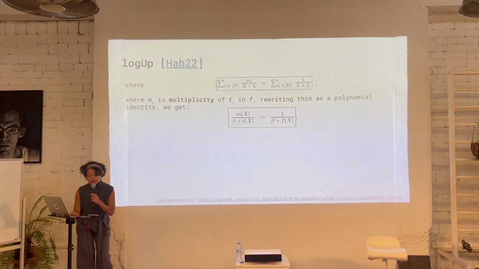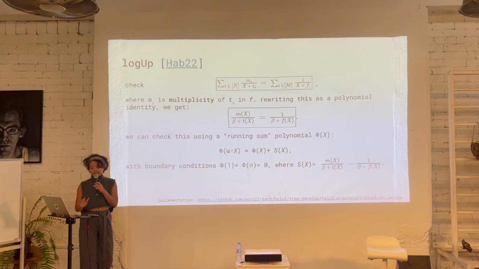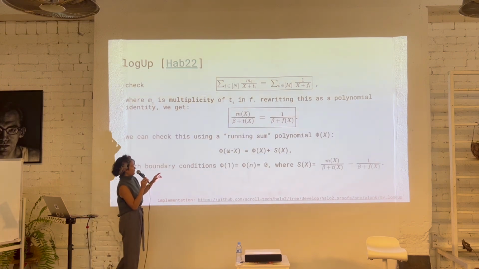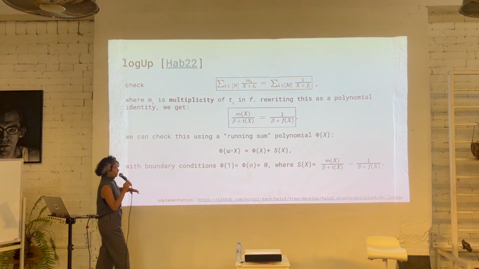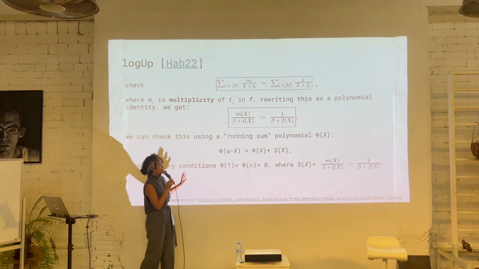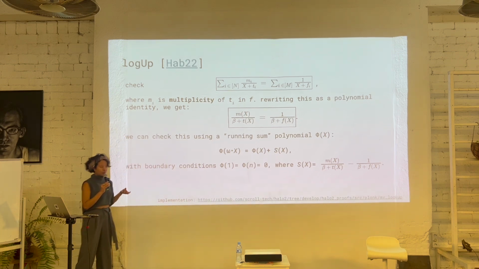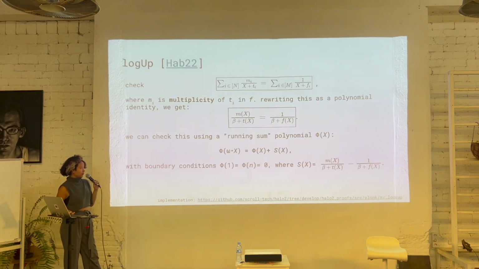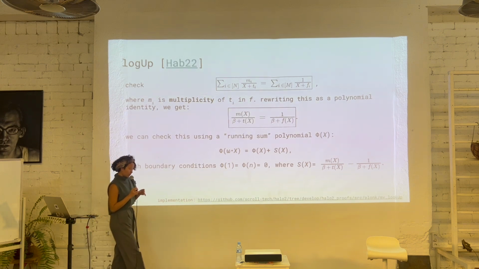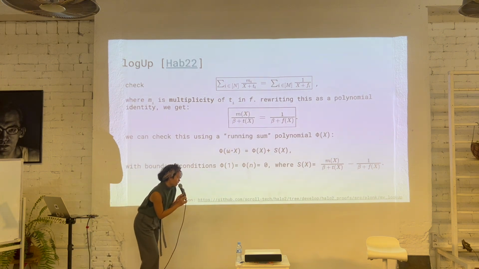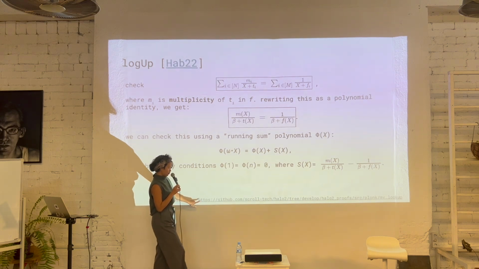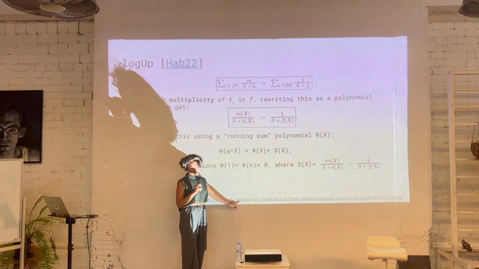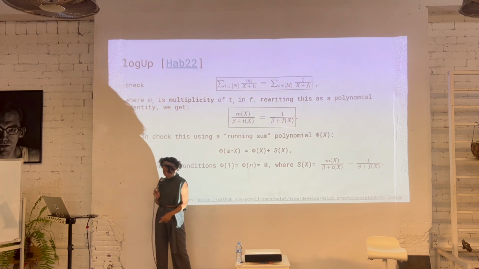So the original lookup paper sort of did this. In the end, it still used the normal polynomial identity protocol. And this is what we implemented in Halo 2. And it's actually what Scroll mainnet is using now as well.